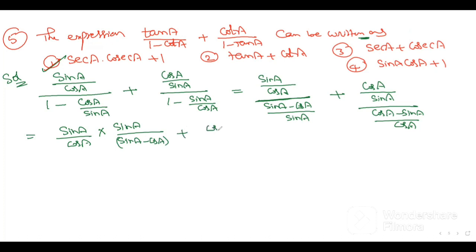Plus cos A by sin A. Here what is the denominator? (Cos A minus sin A) by cos A. It is nothing but cos A by taking reciprocal here. Cos A by (sin A minus cos A).